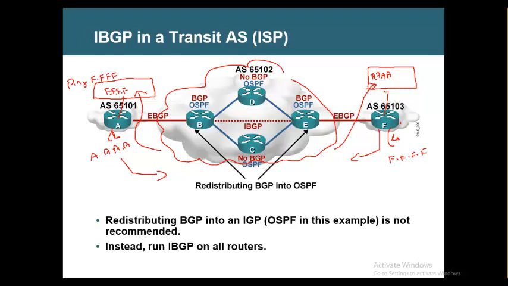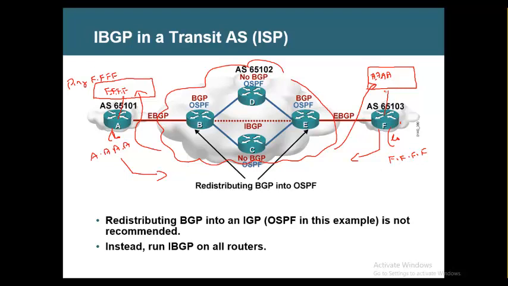The route advertised from F should be given to A, and the route advertised by A should be given to F. The distribution is needed. The middle autonomous system, the ISP autonomous system, needs to facilitate this.